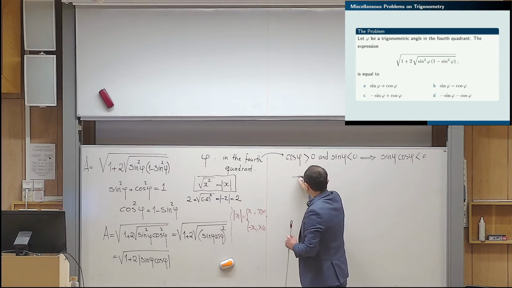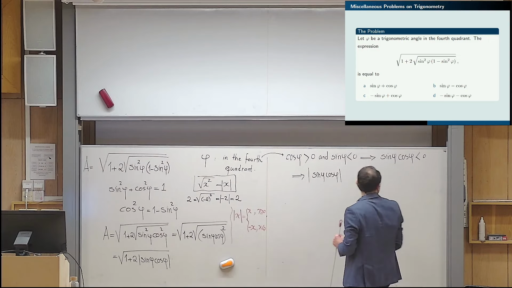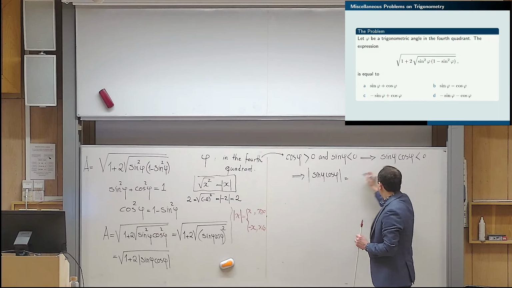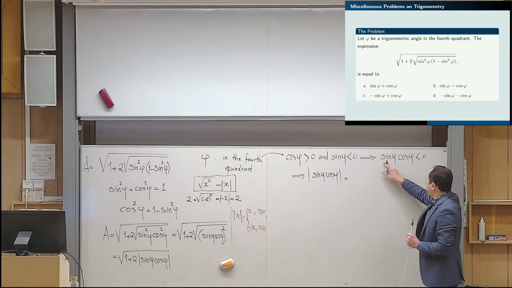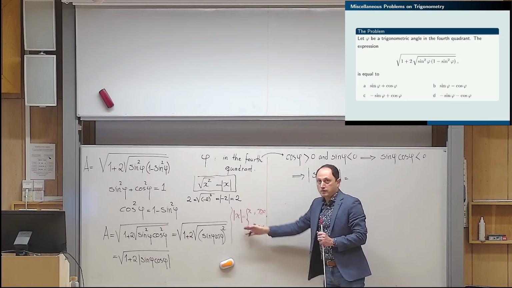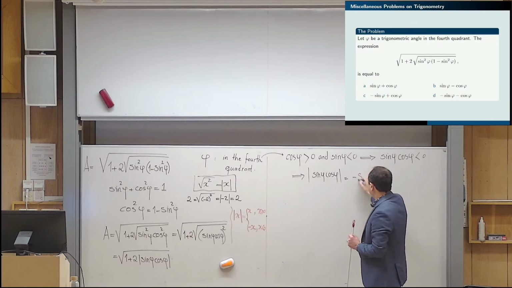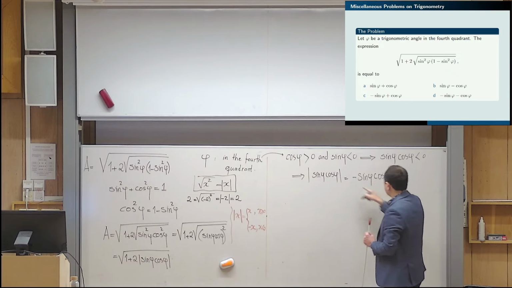And if this is negative, can I say something about the absolute value of sine phi cosine phi? The answer is yes, because now I am certain that this expression is negative. According to the definition of absolute value sign, I can actually remove that. Then the price that I have to pay, of course, is to put a minus sign there.